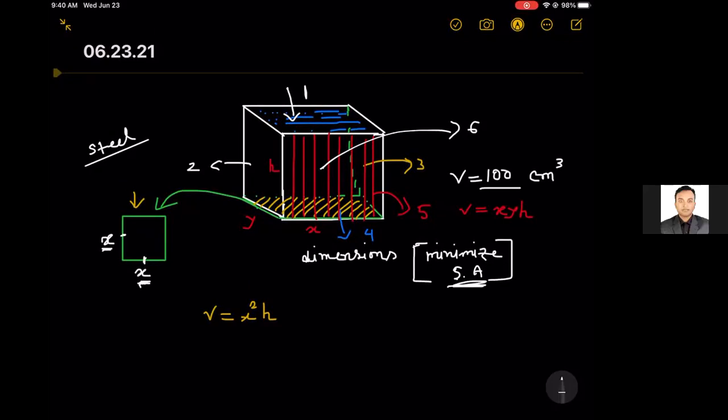Since the top is open, we don't really need to calculate that upper surface. We don't have anything there. It's open, right? So we have 5 surfaces to calculate. We need to find the area of 5 surfaces and then add those. Do you agree with this?